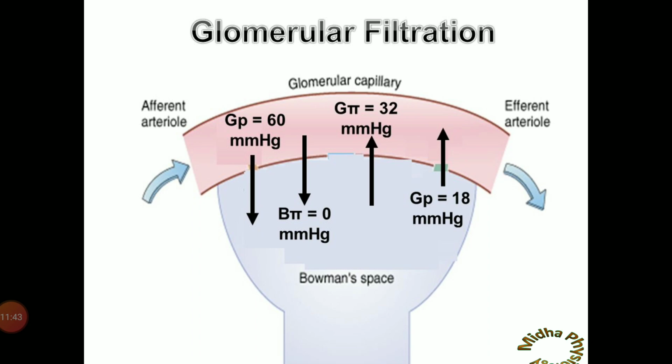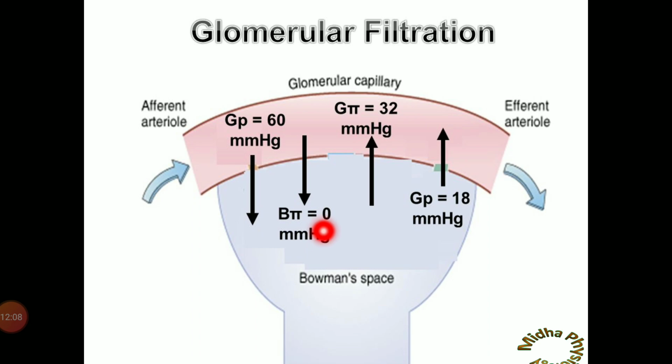So again here, this 60 millimeter of mercury, this pressure is trying to help the filtration. This is the hydrostatic pressure, and this 32 millimeter of mercury is working against the filtration. This is the osmotic pressure of the glomerular capillary. The G stands for glomerulus, and the B stands for Bowman's space.